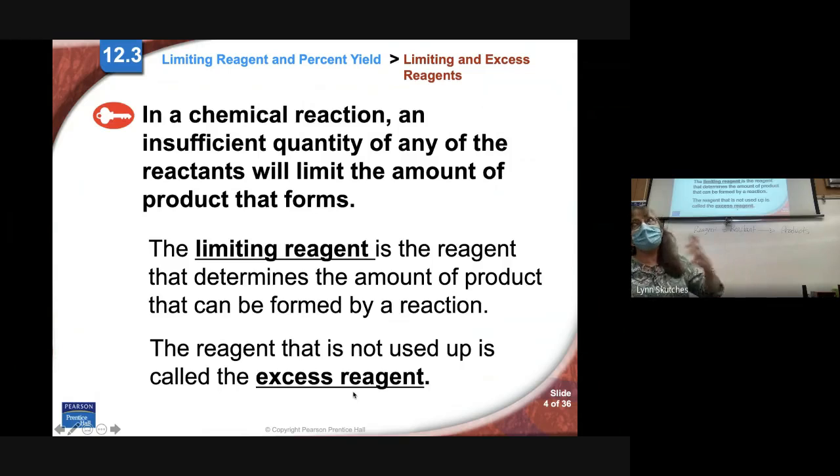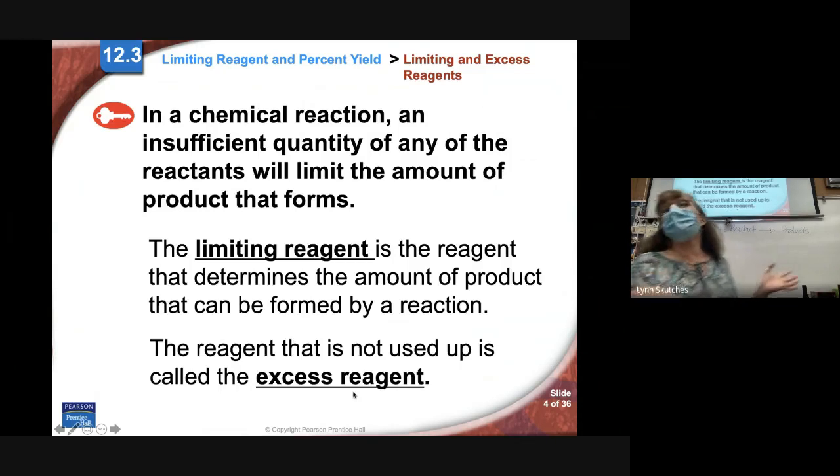That's excess, okay? So excess reagent or excess reactant is stuff you'll have leftovers of. It is possible to have leftovers of all of your reagents, but one of them is going to limit how much product you can make.